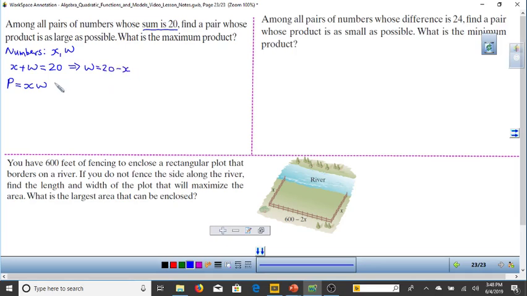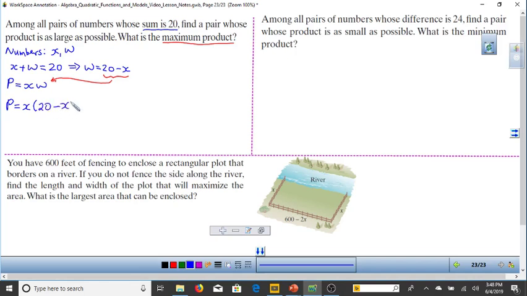Why would I want to do that? I want to replace w with 20 minus x in the product formula, because they're telling us about a maximum product. Maximum product means that's my function that I'm going to find the maximum value for.